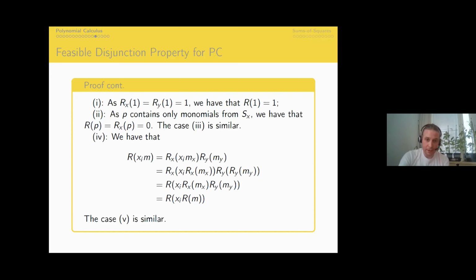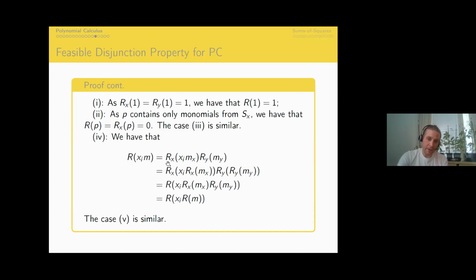And finally, this commutativity follows from the following chain of operations. First, given R of xi times m, this decomposes into R of X times xi, and then times the projection of m to the x variables, times R of Y times the projection of m to the y variables.